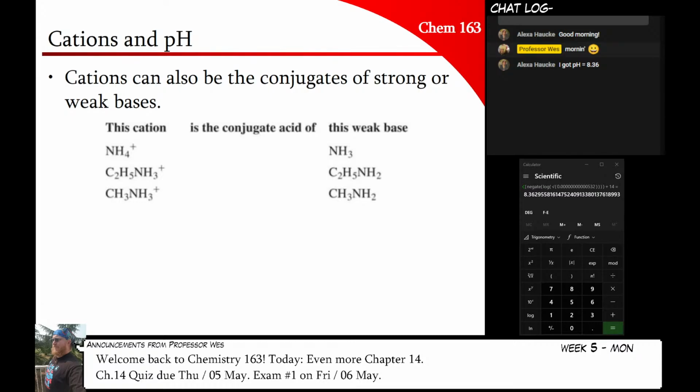All right. Now, if you have a base that contains nitrogen, sticking a proton on it will make it a weak acid. So, for instance, here I have ammonia. If I add an extra H to it, so here I have 4 H's versus 3, and that adds this positive charge, that makes it a weak acid. So these are all weak acids.